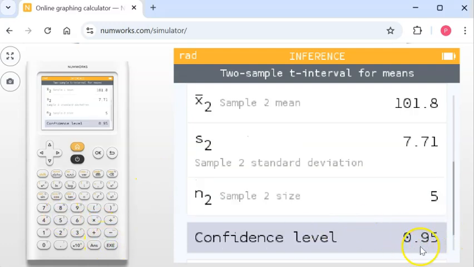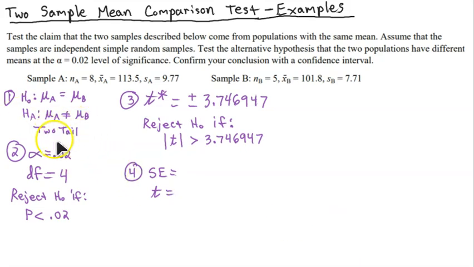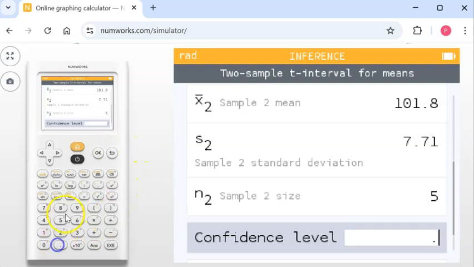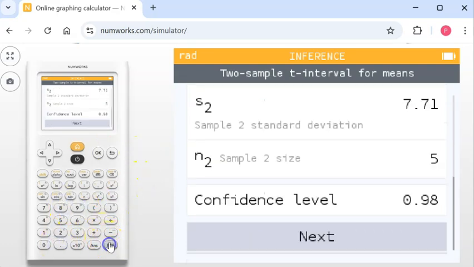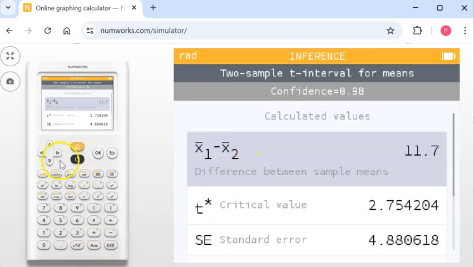And then the confidence level. Now this is a two-tailed test, so we can actually just do 1 minus alpha for the confidence level. So 1 minus 0.02 is 0.98. So we're going to do 0.98. But I told you before, we don't really need the confidence level just for the standard error, because the standard error really only needs just the S's and the N's.